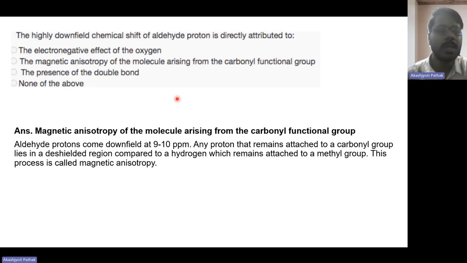So the answer for this question is the magnetic anisotropy of the molecule arising from the carbonyl functional group.